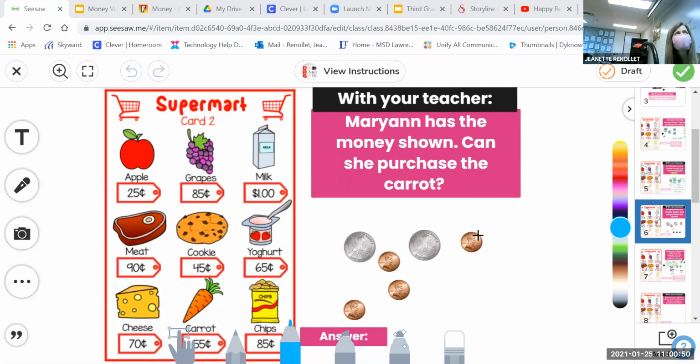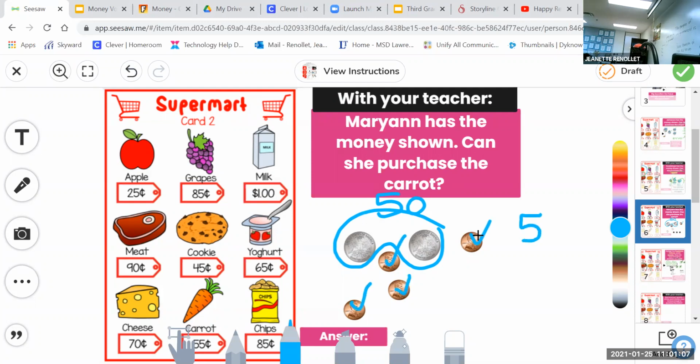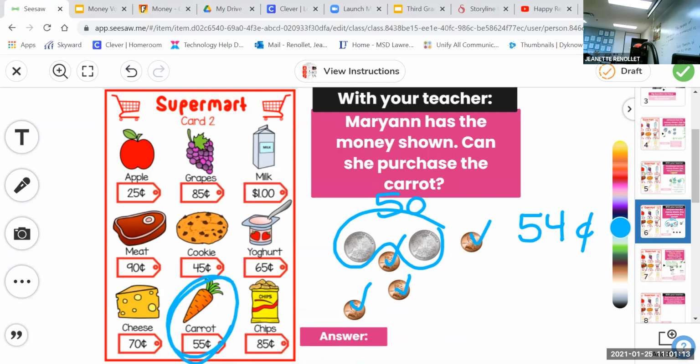Awesome. I love this explanation from Day. Day says, no, she doesn't have enough because we have 50 cents with 2 quarters plus 4 ones, 51, 52, 53, 54 cents. She needs 55 cents to buy the carrot.